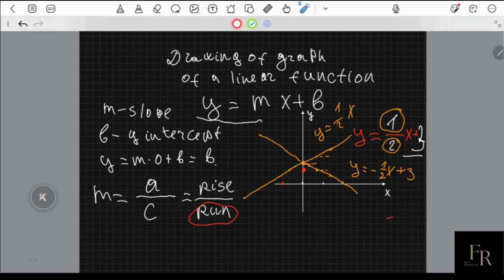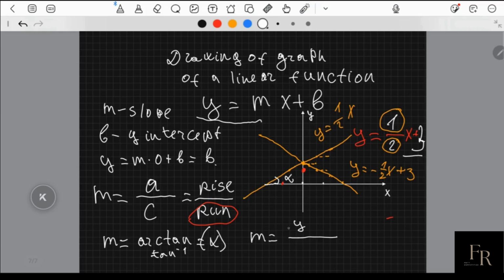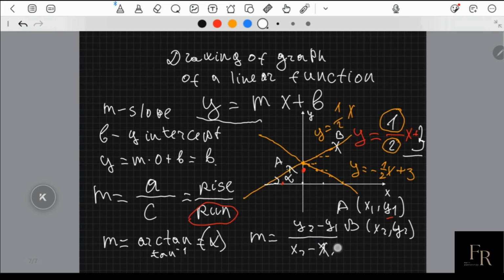Or if you know 2 points on this line, any 2 points, let's say this is A, this is B, and A is x1, y1, B is x2, y2, then you just need to use this formula to find the slope of the function.